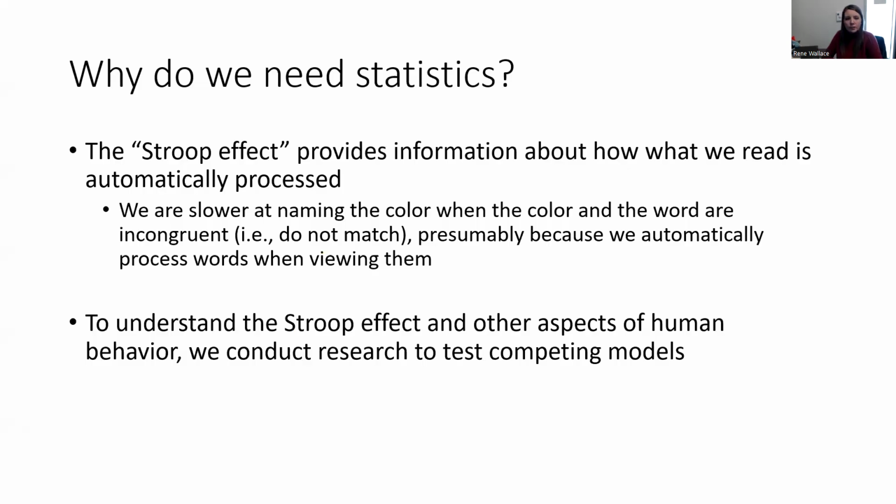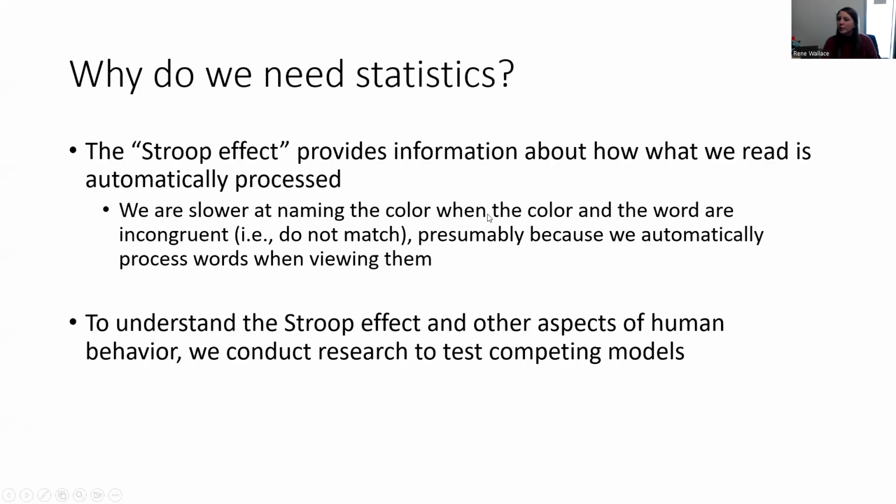Well, behavioral scientists have actually been looking at that for a while. It's called the Stroop effect, and it's been around since the 1930s, but it's very interesting. It causes a cognitive psychologist to pause and go, this is something about how what we read is automatically processed. So as a scientist, I want to know what's going on, right?